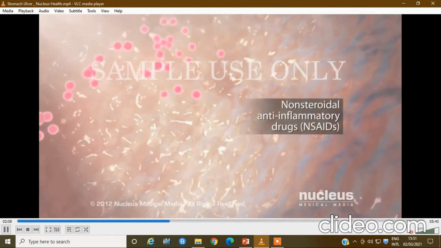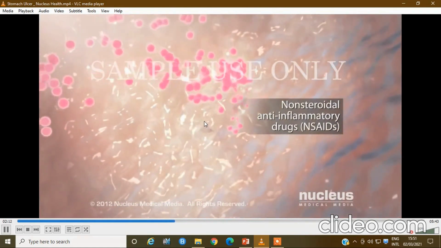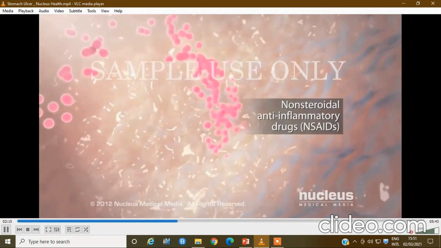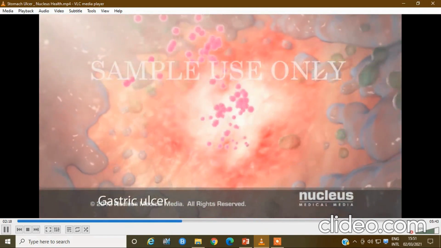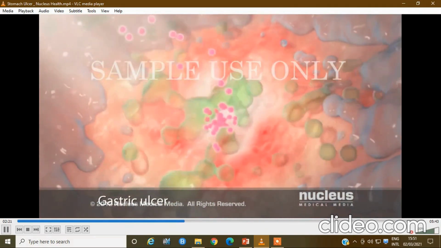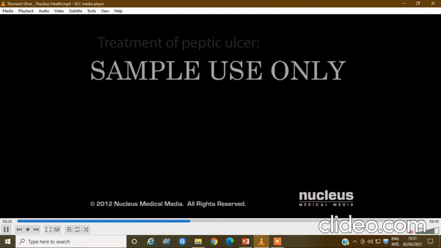In another way, whenever persons take non-steroidal anti-inflammatory agents for longer durations, they also cause destruction of the mucous membrane, and hence it again results in peptic ulcer.